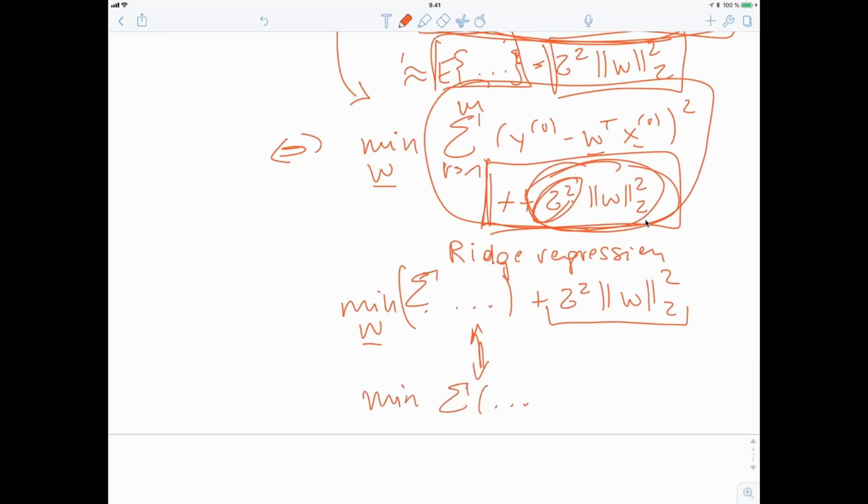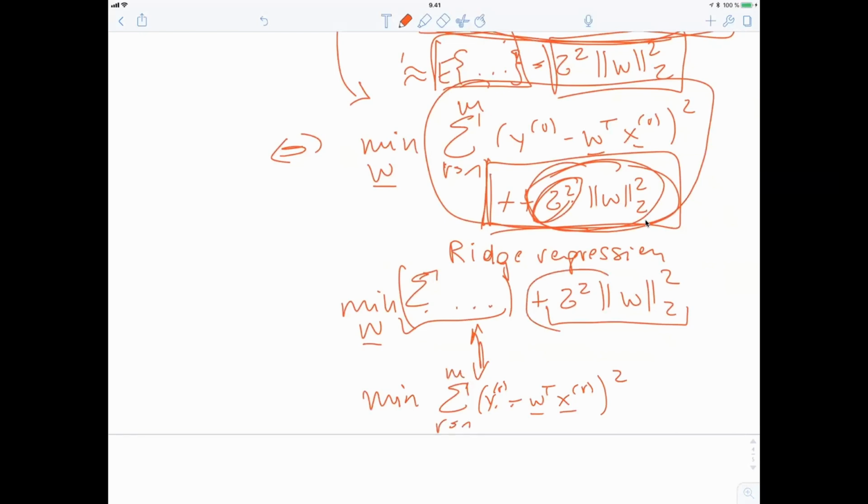the training error. So let's write it out: y_r minus w transposed x_r, squared.